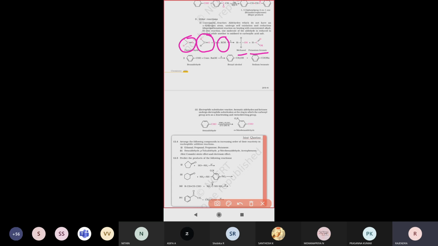How do these chemical reactions happen? Let us see once again how this reaction happens. We have taken two formaldehyde molecules, HC double bond O, and another HC double bond O, in the presence of potassium hydroxide, KOH.